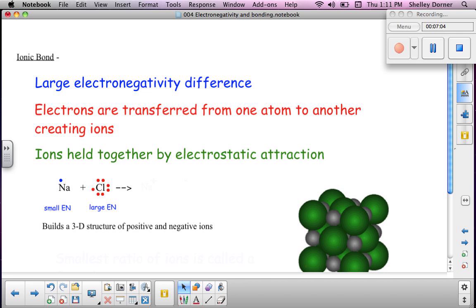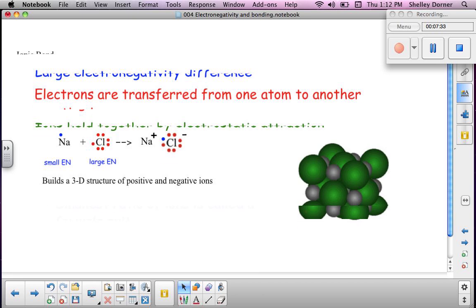Because the electronegativity difference between the sodium and the chlorine is so great, these two elements can't really effectively share the electrons, but rather the electron from the sodium ends up being essentially transferred to the chlorine atom, resulting in a positively charged sodium ion and a negatively charged chloride ion. The positive and negative ions are then held together by an electrostatic attraction.